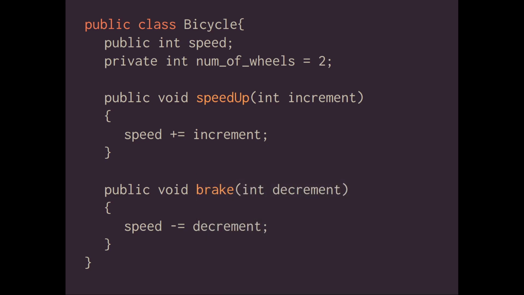And as you can see here, our bicycle has two variables. We have speed and the number of wheels. And our number of wheels is initially instantiated as 2. And they have their own access. Then you have two methods called speed up and brake to modify its speed.